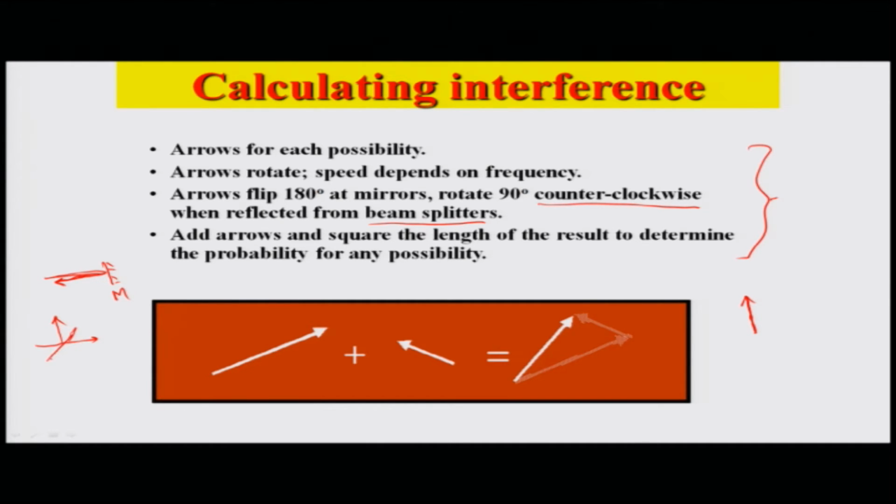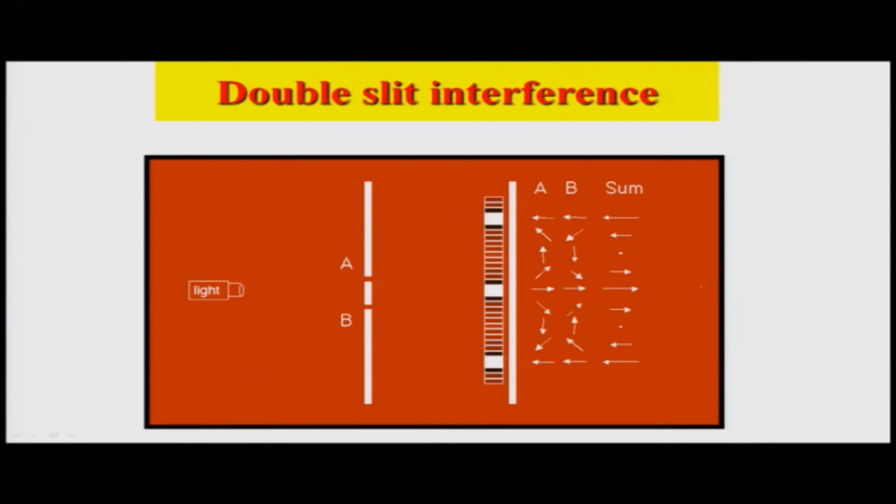So, this is sort of like a 90 degree change, and that is why it will be a 90 degree counterclockwise flip when it is reflected by the beam splitter. This is one way of looking at it, and let us see how we go ahead with this. The arrows and the square of the lengths result in the determination of the probability, because that is the final thing that we will be measuring as a result of all of this.